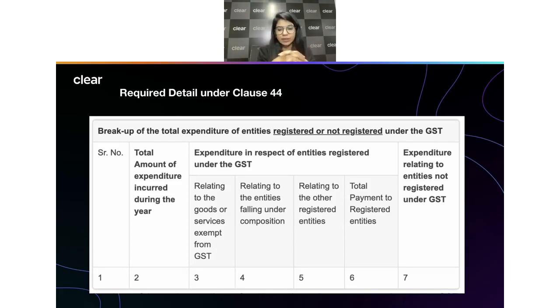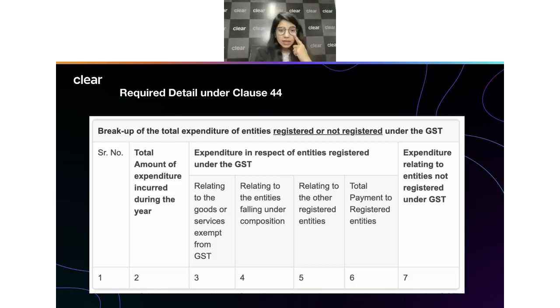So there are two ways. Either you include that in 2, but when it comes to the breakdown which you show, it will not form part of column number 4 or column number 5 or column number 7. That's one way. Or second is you don't include it at all. When you don't include it, anyhow it will not form part of the breakdown. So those are the two views, and you can follow any one.